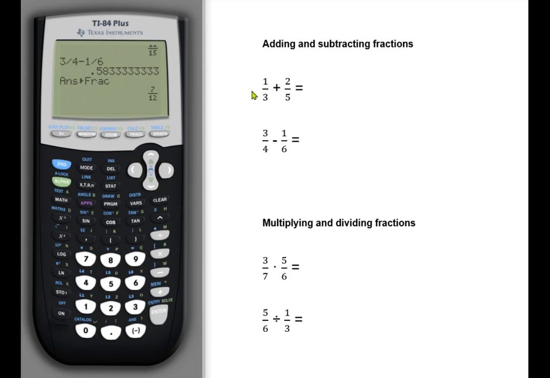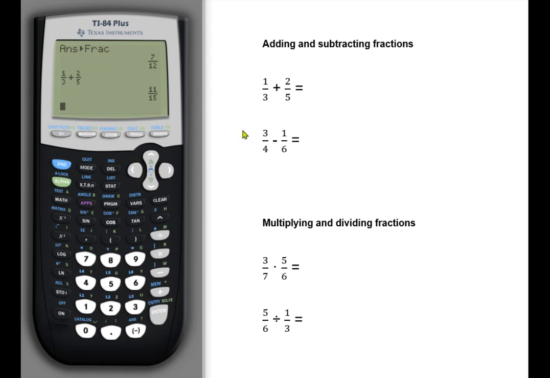I will enter fractions, so I will hit alpha and y equals, and pick number 1. I have 1/3 plus, and again, alpha, y equals, pick number 1, and you have 2/5, and hit enter.